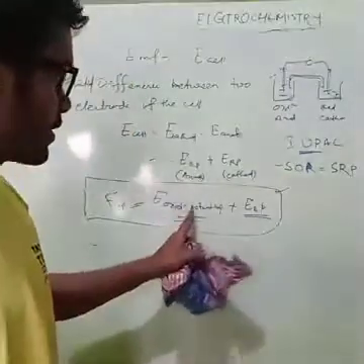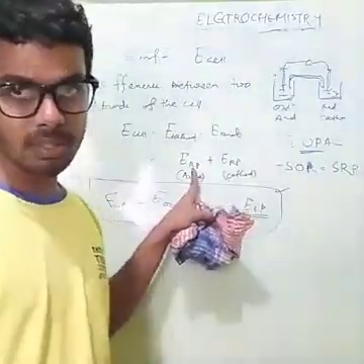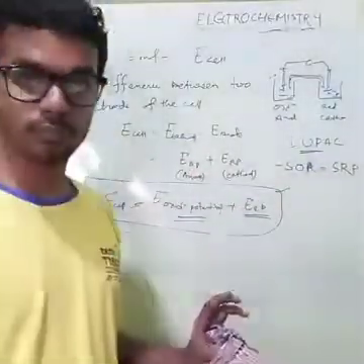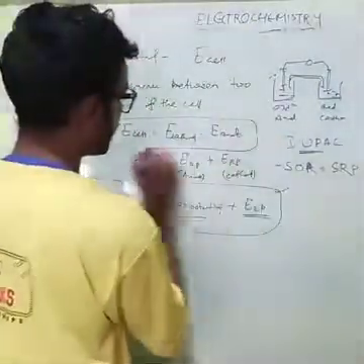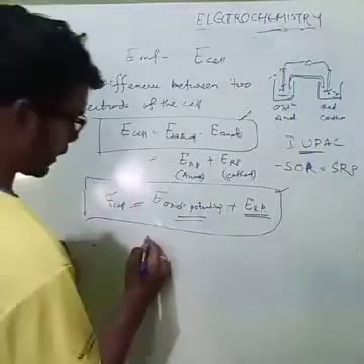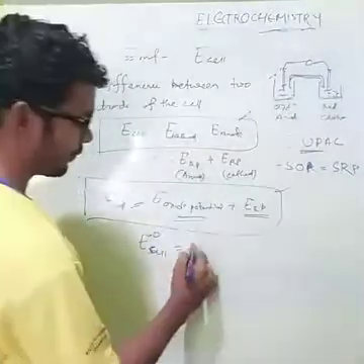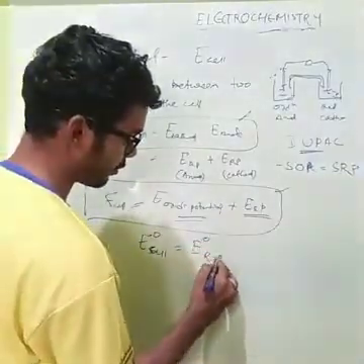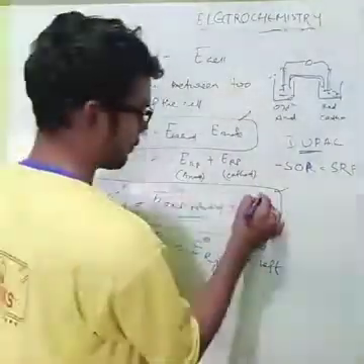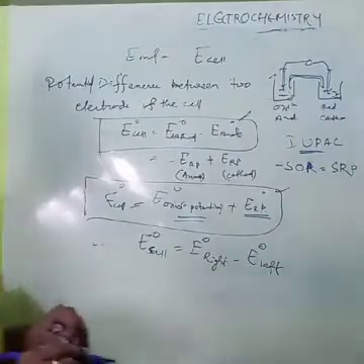So oxidation potential is nothing but minus of the reduction potential. Understood? Remember this formula all the time. You are going to use this. Or again you can write E right minus E left.